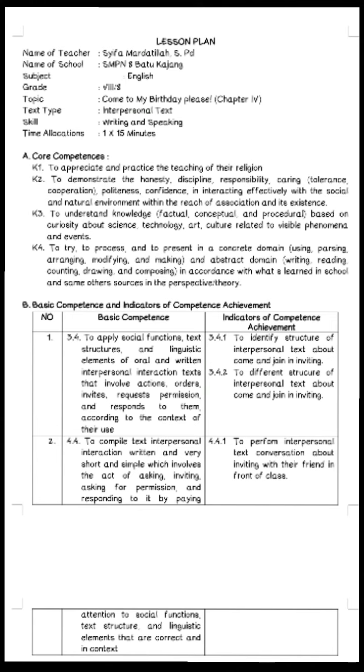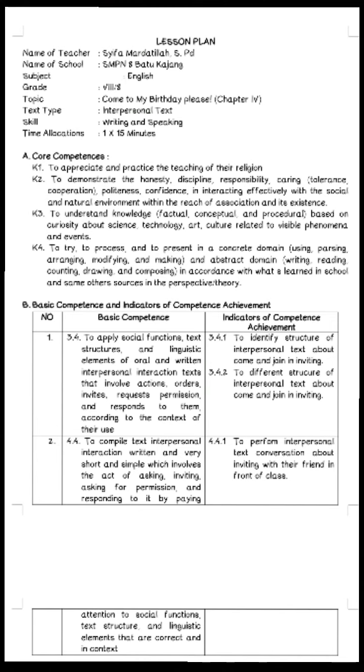The indicators of competence achievement are first 3.4.1, to identify the structure of interpersonal text about "come and join" in inviting, and second 3.4.2, to differentiate the structure of interpersonal text about "come and join" in inviting.